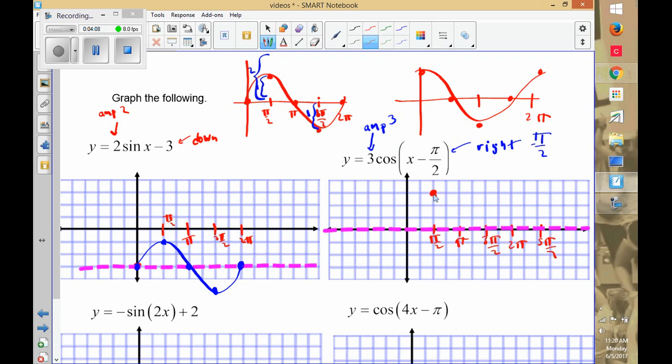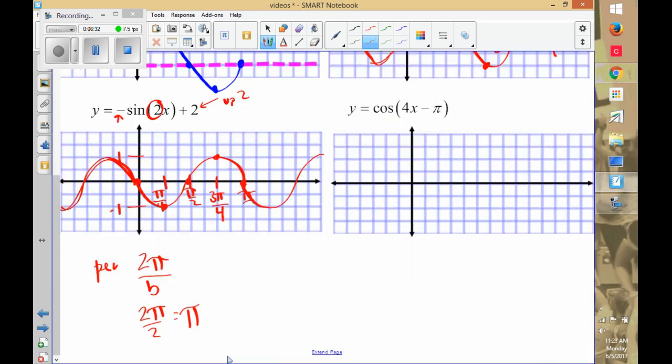So I'm starting at 3, I would go to 0, I'm going to go to -3 instead of -1, I'm going to come back to 0, and I'm going to go up to +3. There's the one period of it. That would connect every other place as well, if I were to draw more than just one period of it.